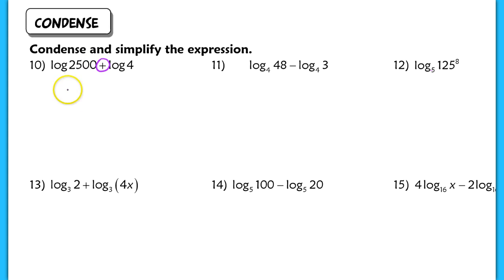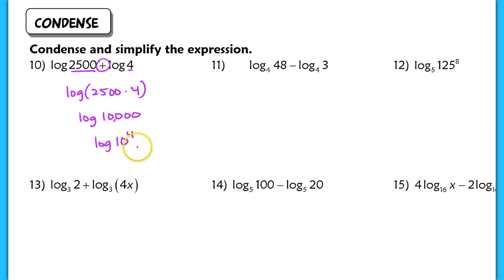So I'm going to write that as one log with a base of 10. And because I'm condensing it, I'm going to write that as the product then of 2500 and 4, right? 2500 times 4. If I were to simplify this, I have the log of 10,000. And now I'm going to rewrite 10,000 as the log of 10 to the 4th, okay?